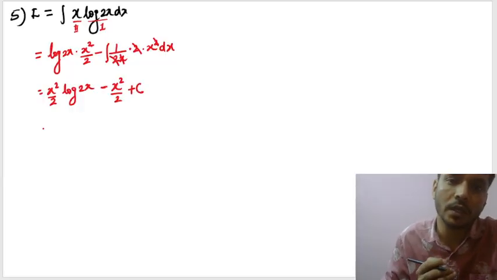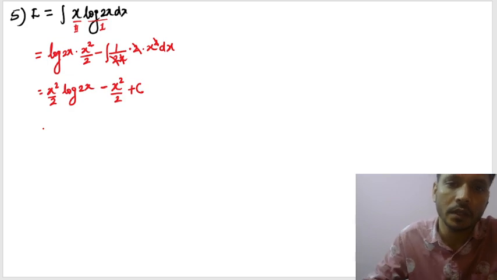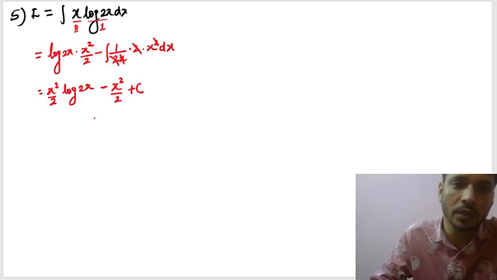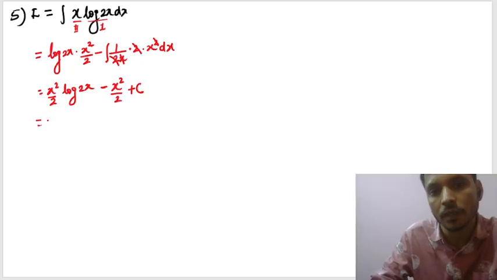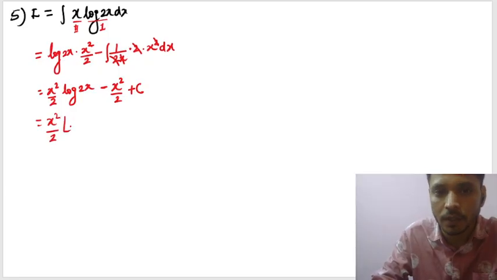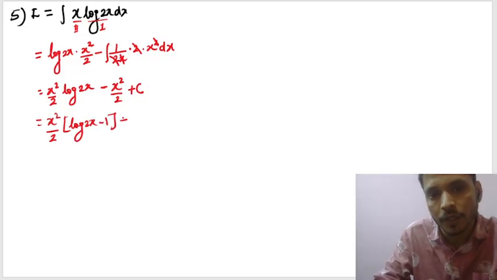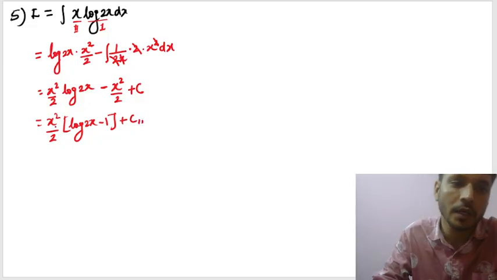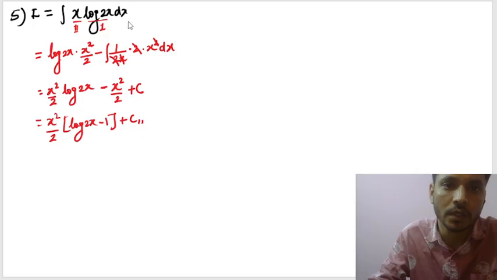Here again we can take the common as x square by 2, means here if we are taking the x square by 2 common, so we will have remaining log 2x minus 1 plus c. Right? Now next question, that is question number 6.